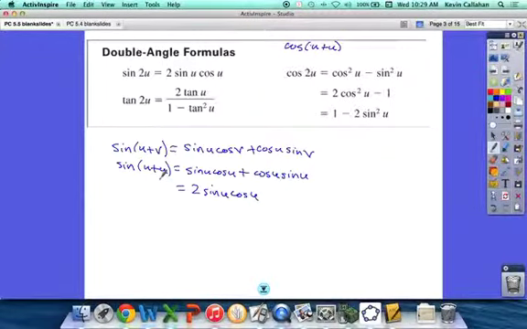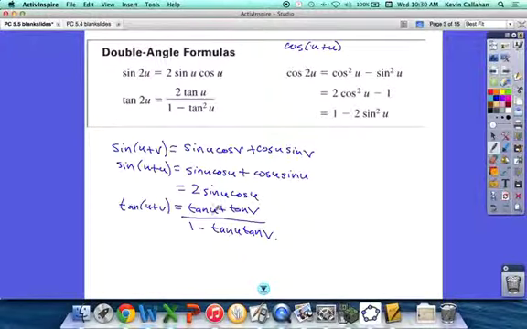So it simplifies. And then the tangent, again, if we substituted, the tangent formula is this. Tan of u plus v equals tan u plus tan v divided by 1 minus tan u tan v.